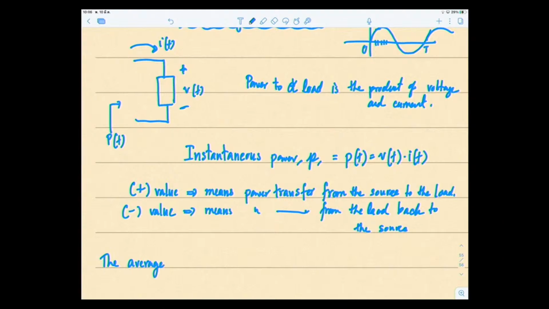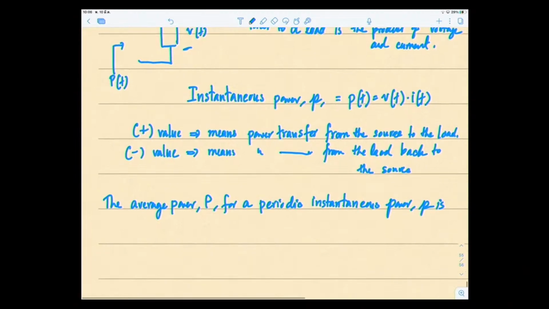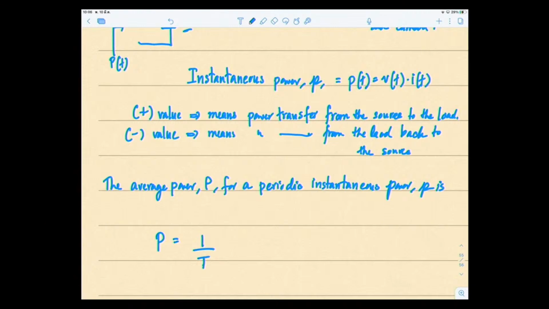The average power P for a periodic instantaneous power p is equal to 1 over the period T, integrated from T1 to T1 plus T, which is one period, of the instantaneous power.